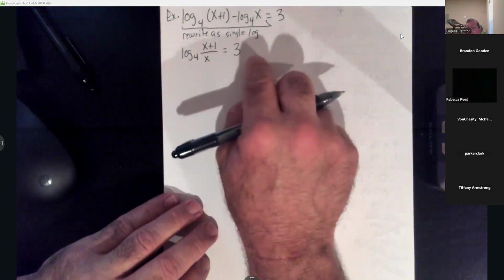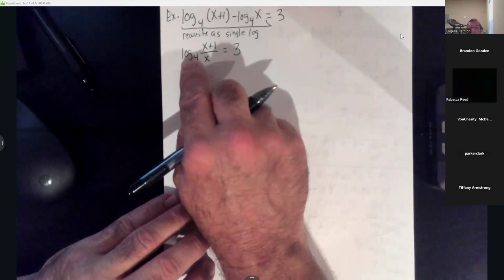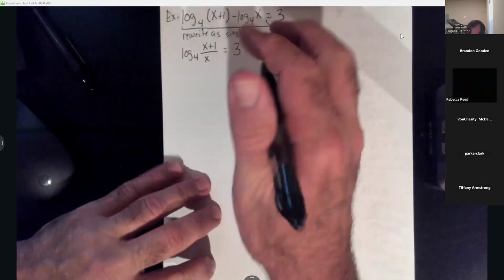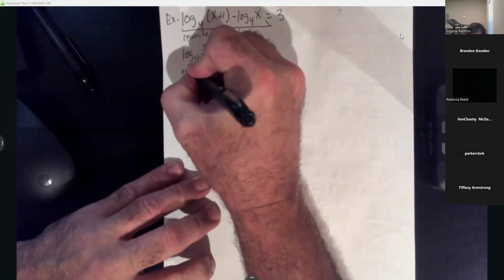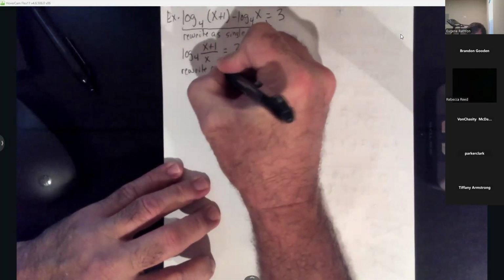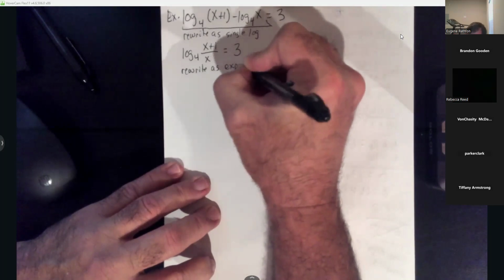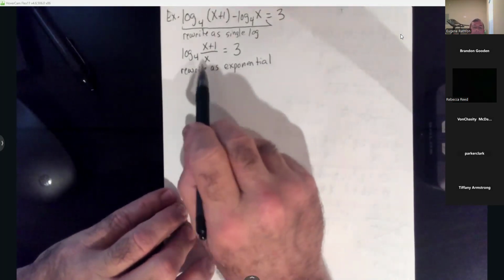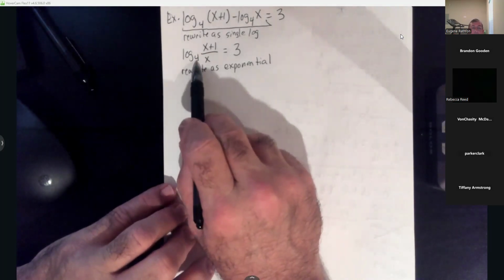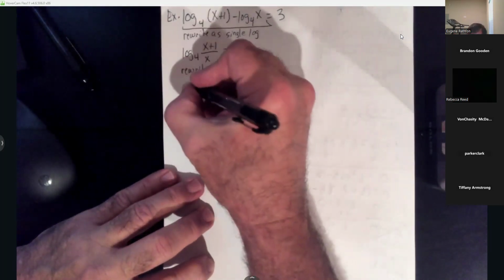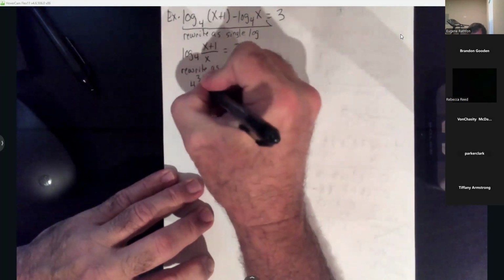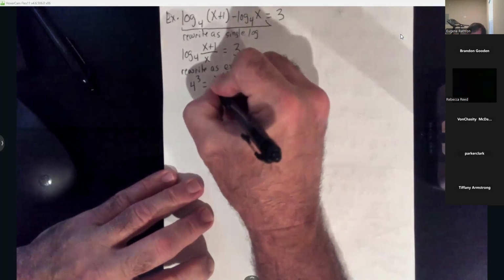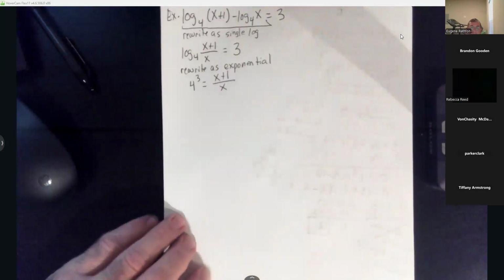So since I can't do the logarithmic equality, I got to rewrite this one as exponential. So the base is 4, the exponent is 3. So 4 cubed is going to equal the x plus 1 over x.